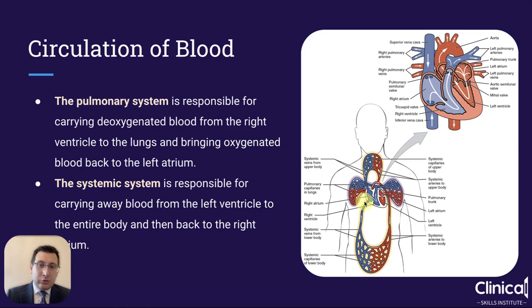So we have two separate systems of blood circulation in the body. We have the pulmonary circulation, which is responsible for oxygenating the blood, and then we have the systemic circulation, which is responsible for carrying the oxygenated blood to every organ in the body.